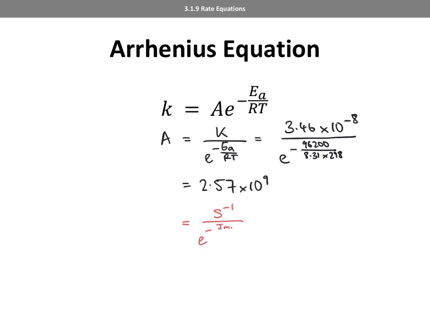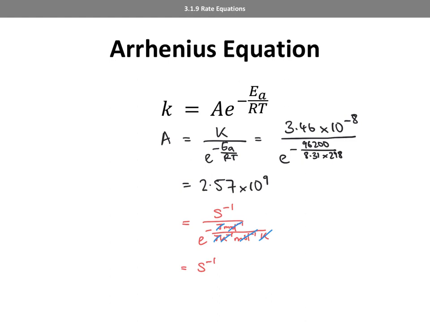We've got joules per mole, because that's the units of activation energy, over joules per Kelvin per mole, and then times temperature, so times Kelvin. Now we can begin to simplify that. The joules cancel out, the Kelvins cancel out, the moles cancel out. e is just a number, so we're talking about units here. So we end up with the final unit of seconds to the minus 1.